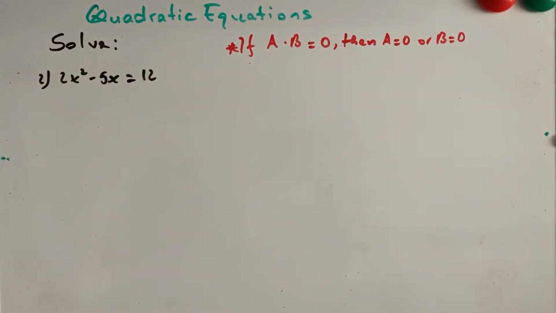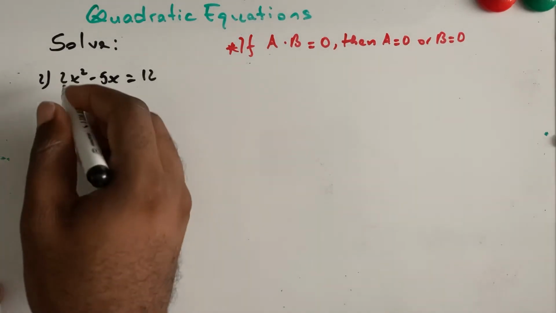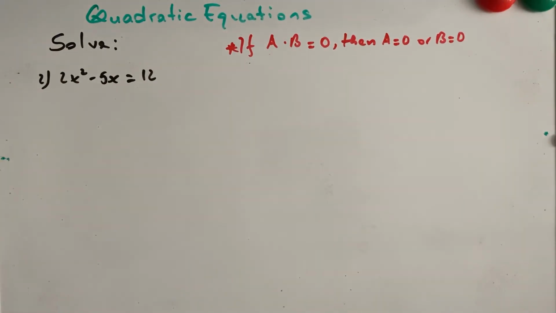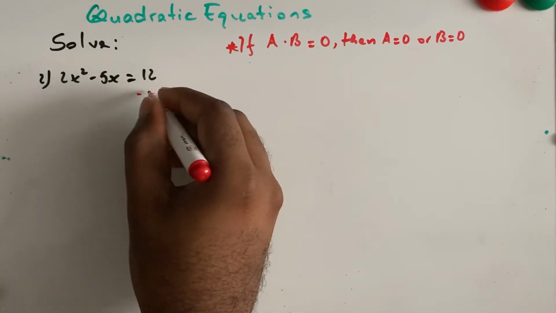Okay, first thing to do here is to try to set this to 0, because we're going to try to factor. So we set this to 0 by subtracting 12 from both sides, basically moving it to the left.